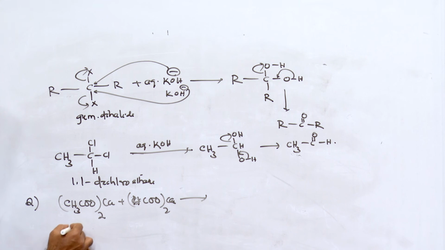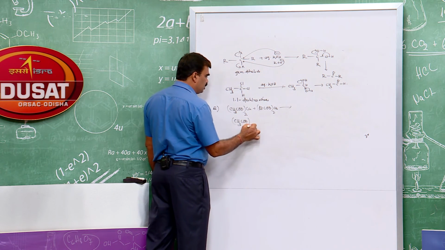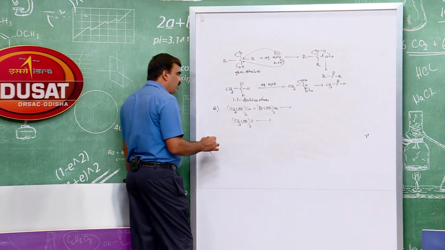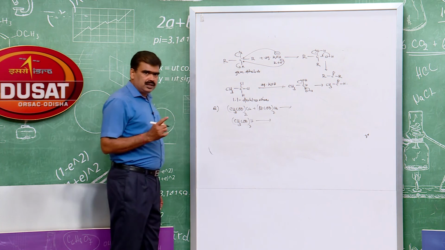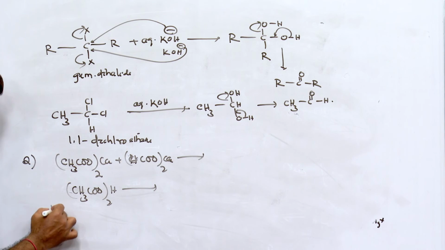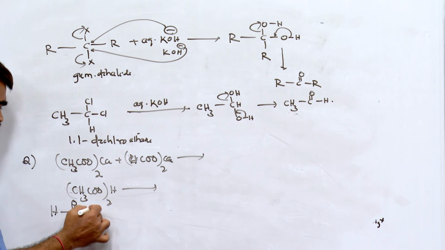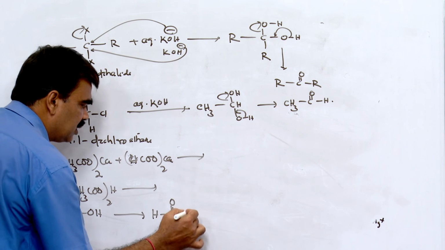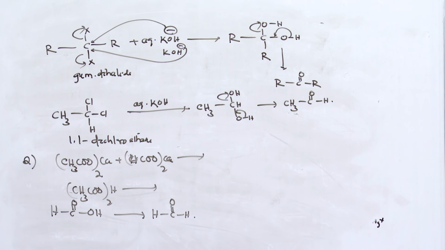What happens when calcium acetate is dry distilled? And how will you get formaldehyde from formic acid? So these are the questions so many times they have been asked in CHEC and other examinations.